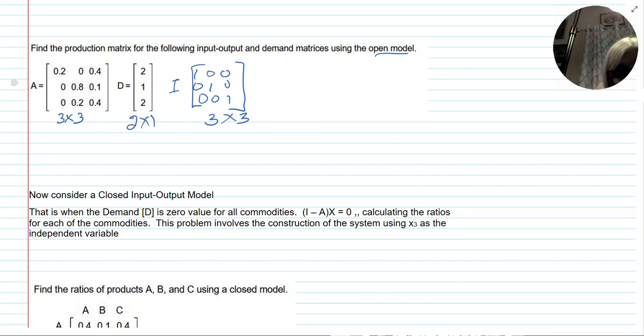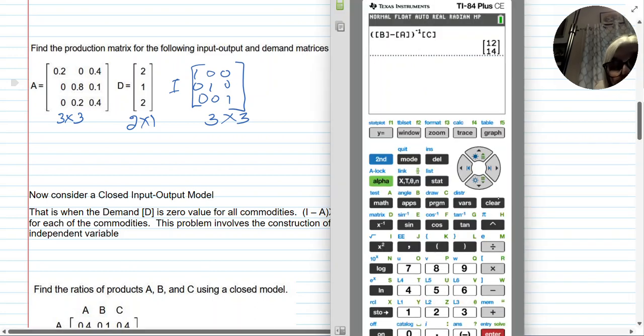All right. Here we go. And I'm going to clear. I'm going to go second matrix. I'm going to edit. I'm going to do the A first. And it's a 3 by 3. 3, enter, 3, enter.